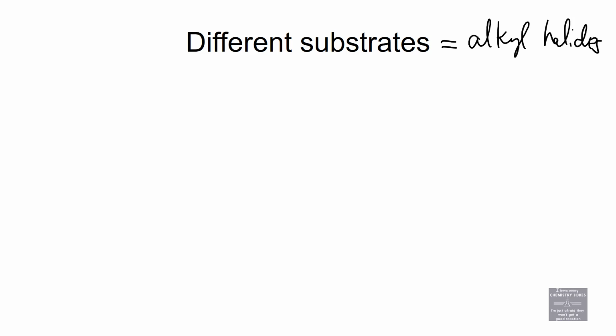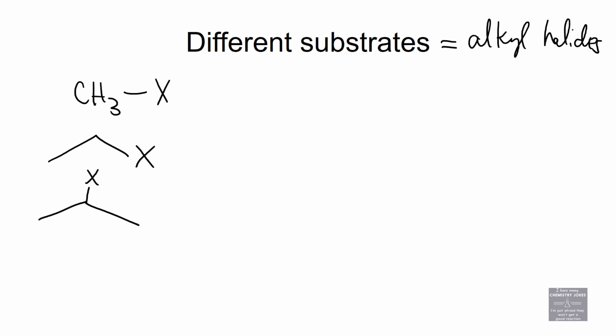Well, those alkyl halides could be a lot of different varieties, such as CH3-halogen, CH3CH2-halogen, CH3CH(CH3)-halogen. No need for me to try to continue with all the C's and H's. This top one is a methyl alkyl halide. We're going to call it AH because it takes me too long to write alkyl halide when I'm trying to talk at the same time.